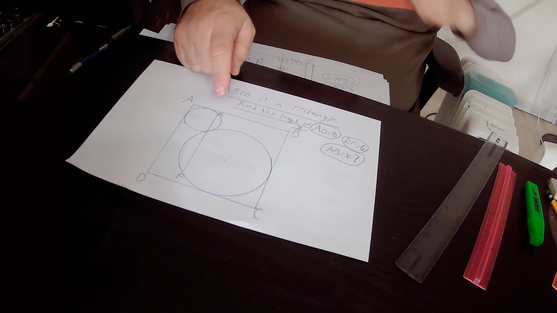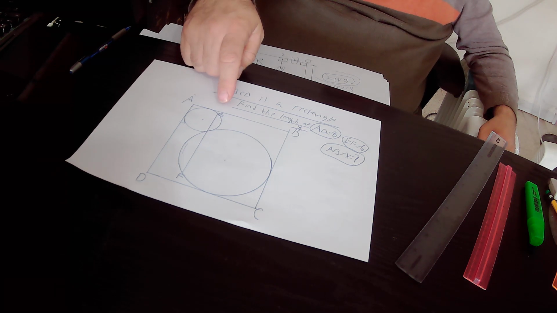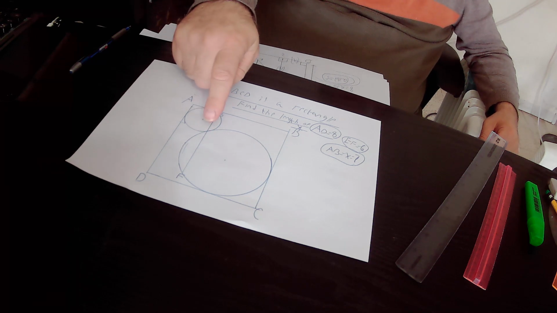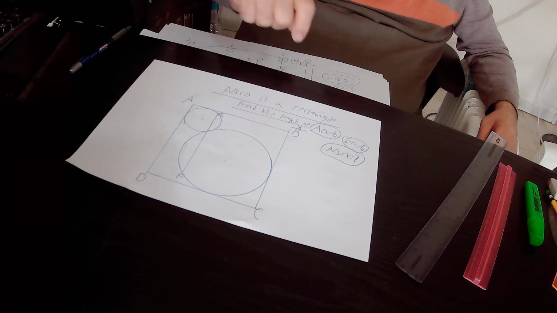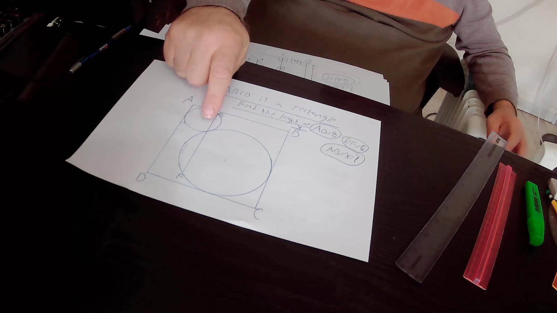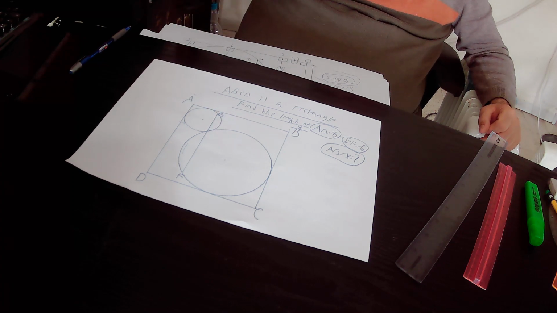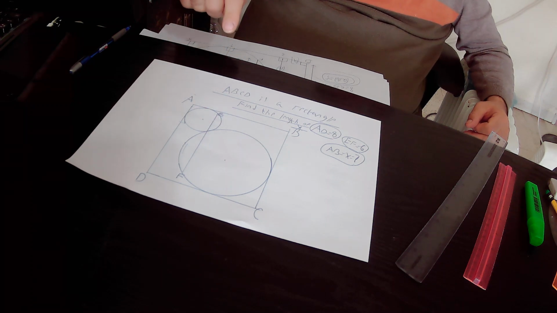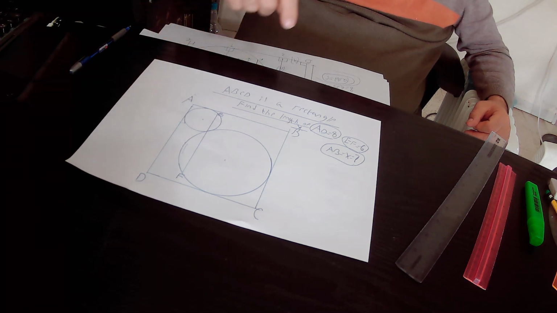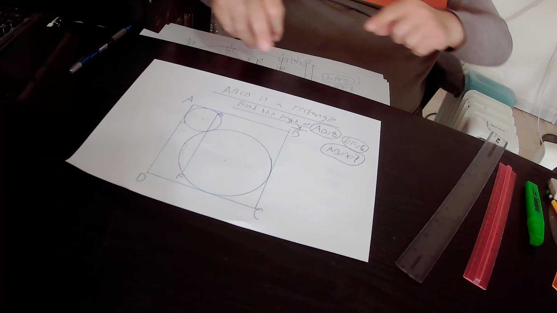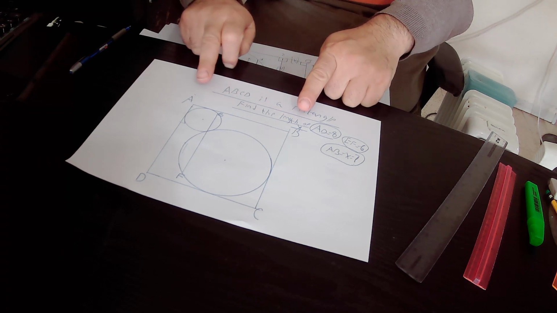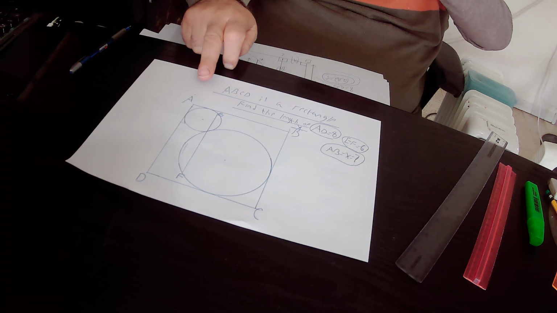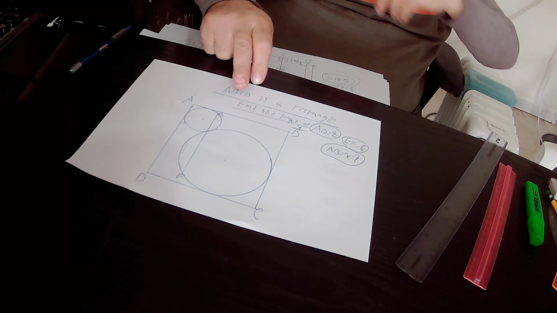Line segment EF passes through their touching point. We know that line segment EF equals 6 units in length, line segment AD equals 8 units in length, and our mission is to find the length of line segment AB, which is equal to x.